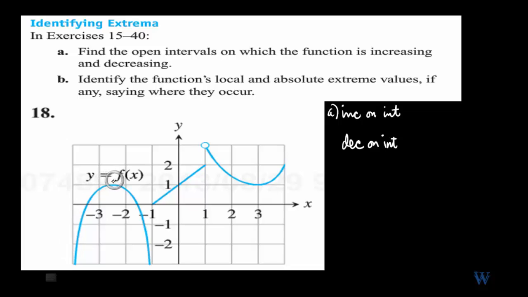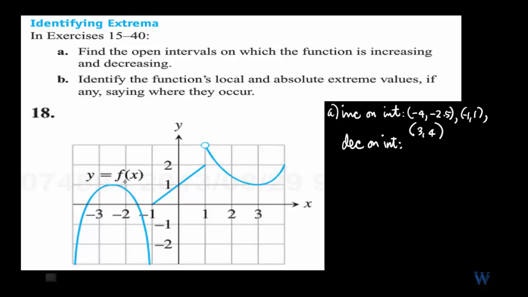So you go up, go down, up, down, and up. Where we go up, that would be where you're increasing. So from -4 to -2.5. And then where else? From -1 to 1. And then the other interval, from 3 to 4.